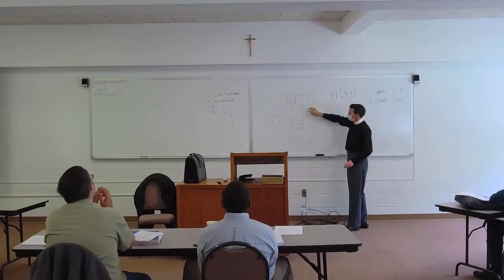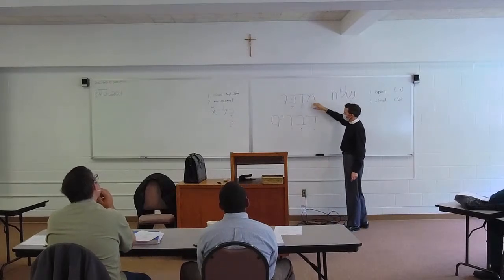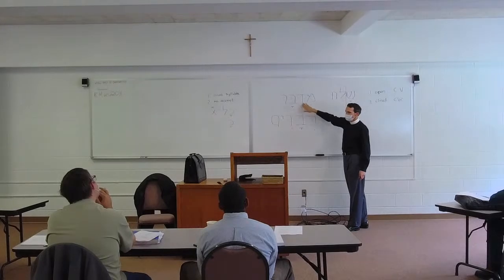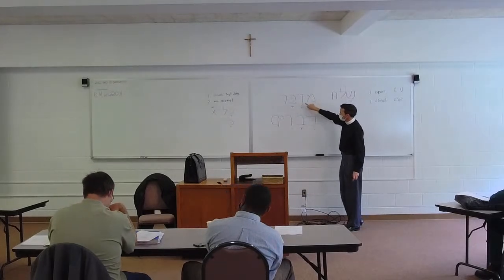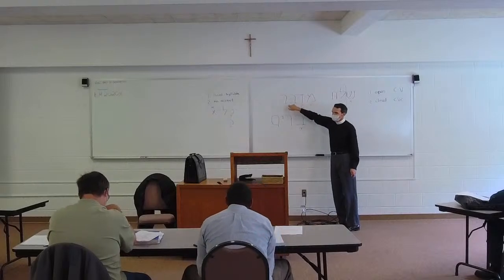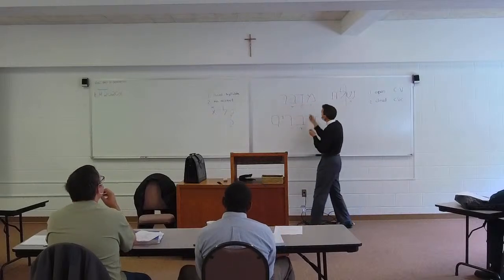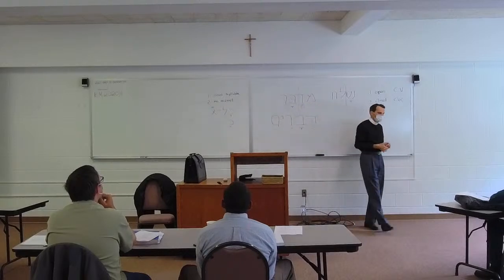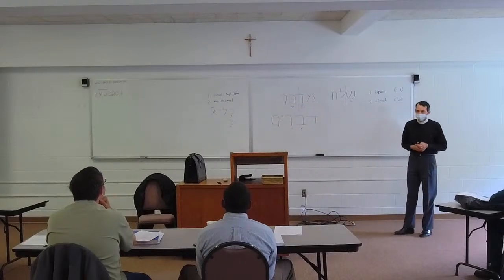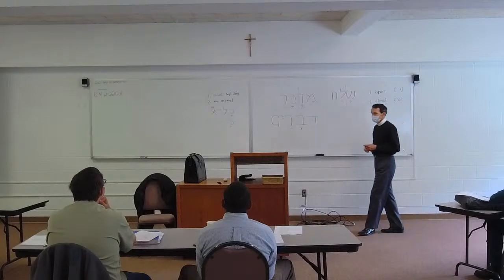Okay? So here we have two syllables. Since this is closing this syllable, see that at the end? We have consonant, vowel, consonant, consonant, vowel, consonant. See that? Two closed syllables. So the syllable division is actually right here. This midbar means desert, wilderness.